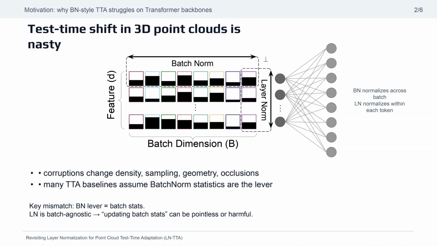With LN, the normalization happens within each token, across feature dimensions, not across the batch. There are no running batch stats to fix. So if we try to apply BN-inspired tricks directly, we may be optimizing the wrong target or injecting instability. That motivates the paper's focus: analyze LN carefully, then design adaptation that is native to LN rather than borrowed from BN.